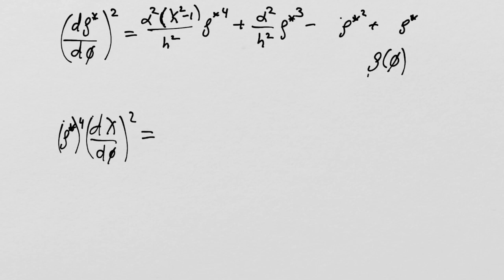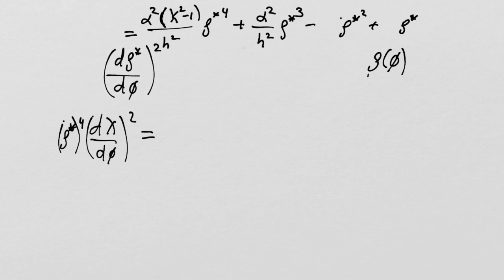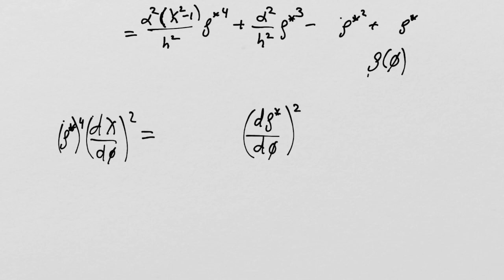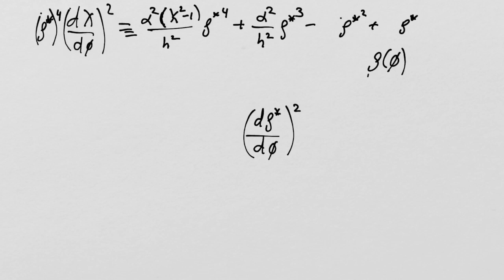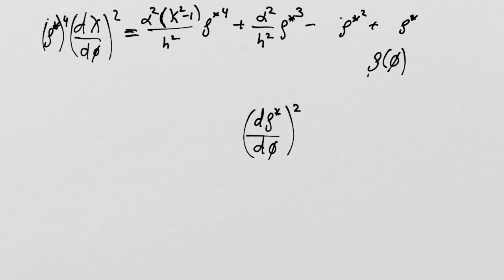Well, let's actually do it a little differently. Let's take the left-hand side of that and put this in its place. Maybe I shrink it a little bit so it'll fit. Now we can see this substitution is legit. I just made the substitution on the left-hand side. Now I divide through by rho star to the 4th, right?